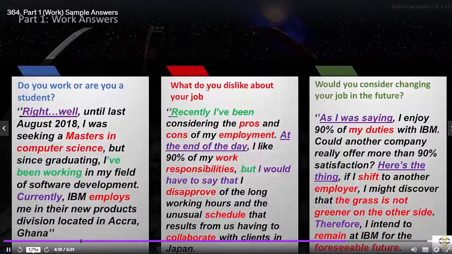Now, what I don't want you to do is this. Don't try to memorize the format. Don't try to memorize what I wrote here. Don't memorize, right? Because when you do that, you're going to be able to tell that the person is reading something they have pre-prepared. That's why it's always tricky when I'm teaching people how to do the speaking, and people want to say, well, can I see what some answers look like?